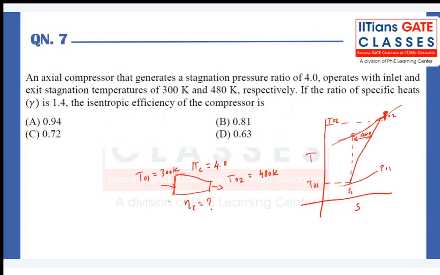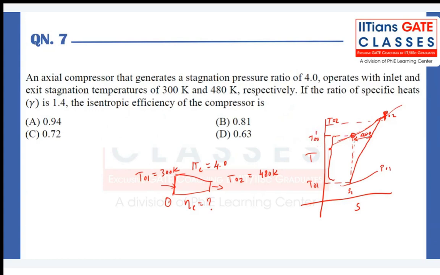If I assume it to happen in an isentropic way, that means the entropy is not changing, where this pressure curve would have been met. That gives me the ideal work which is needed to raise the same pressure through an isentropic process. So I call this condition T02 dash. This is not actual, it's a virtual point on the TS diagram.